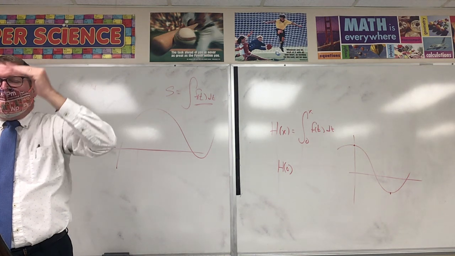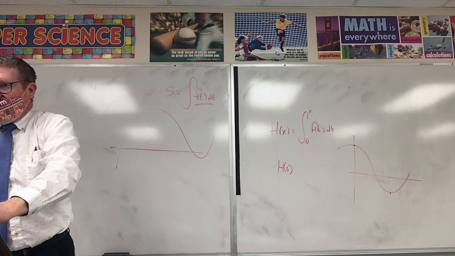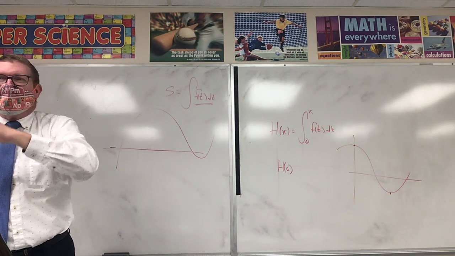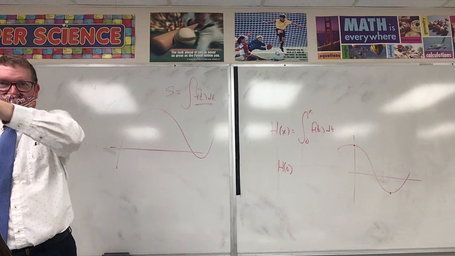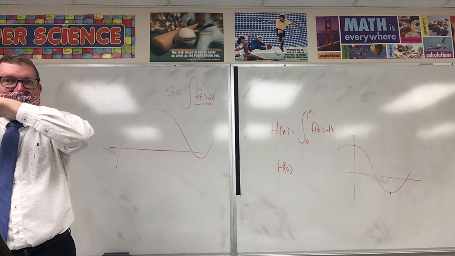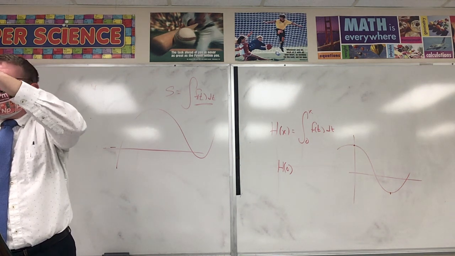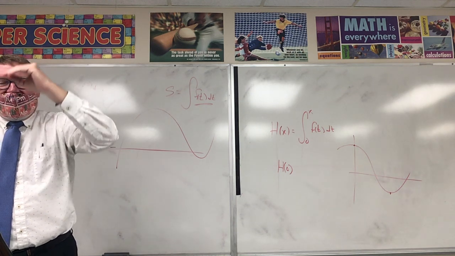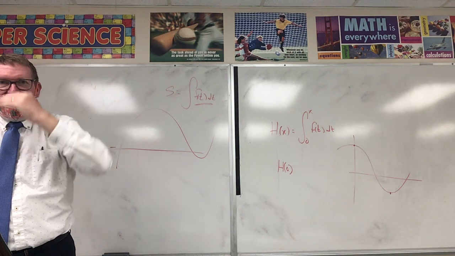If I take the derivative of an acceleration equation, I get jerk. How dare you call me that? So if I take the integral of a jerk, I get acceleration. If I take the integral of acceleration, I get velocity. If I take the integral of velocity, I get position.